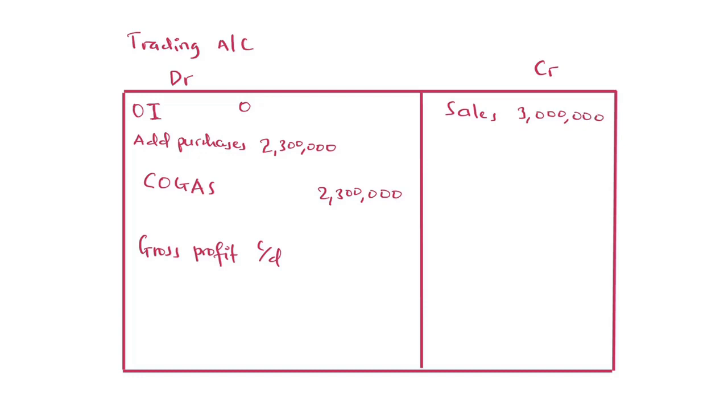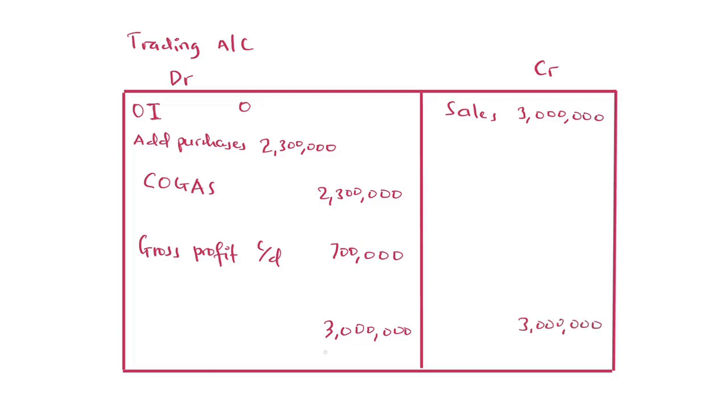So now we can find the gross profit for our trading account, which is a balancing figure. So our gross profit carried down is going to be 700,000, obtained by taking this 3 million minus 2.3 million. So finalizing our trading account, the total here is going to be 3 million, and also the total here is going to be 3 million.